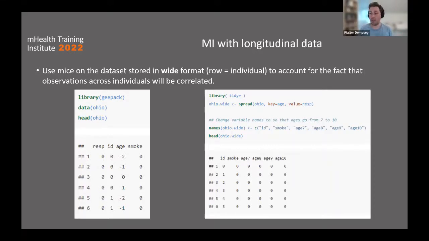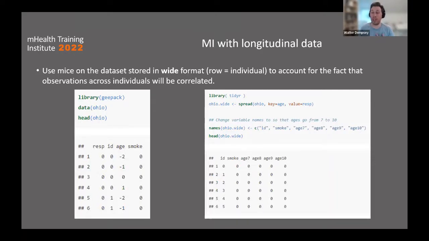But of course, in mobile health, we have longitudinal data. So one of the concerns would be, how do I account for correlation of these measurements across time? If you had data in a long format, meaning every row was a given time point for a person, mice will just use that current time point to impute values of those items within that time.